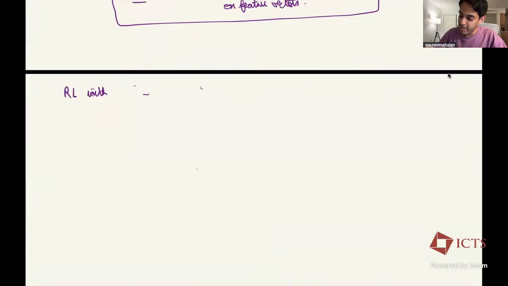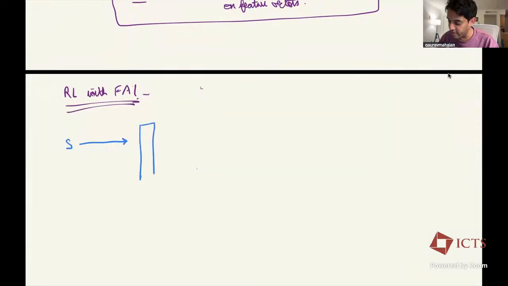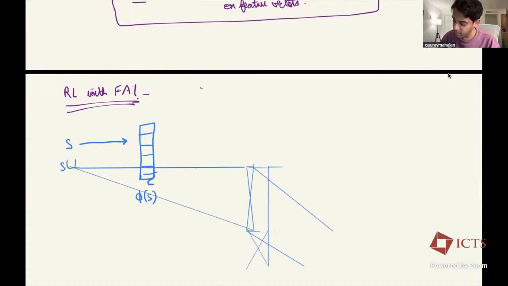Just going to write it. In this case, what happens is you have a state, and then there's a feature vector for that state.